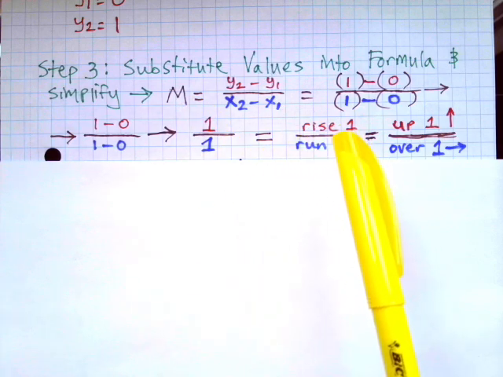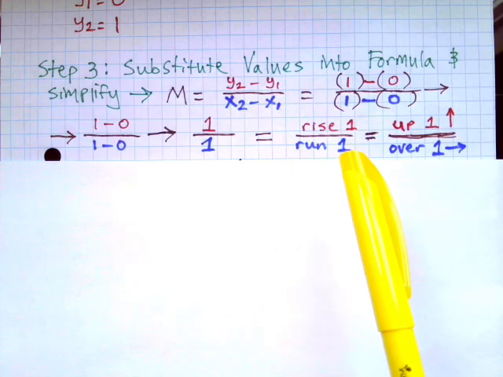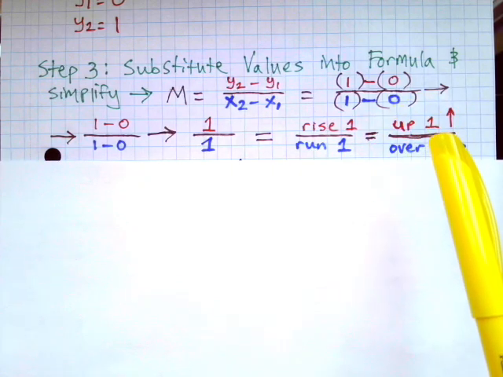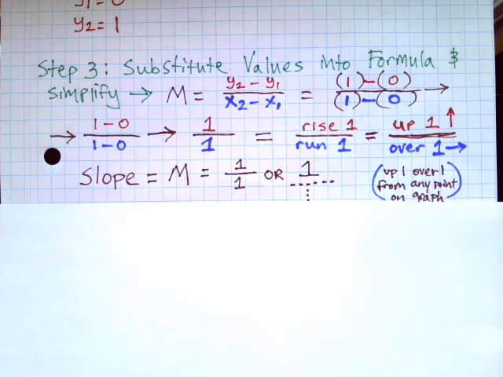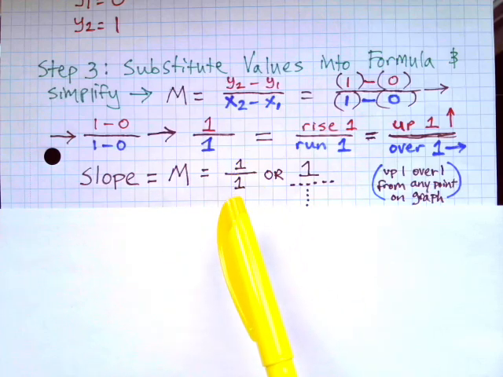So 1 represents the rise. That's a positive up in the y direction. Run represents positive 1 over in the x direction. So up 1 and over 1 is our slope. Using the slope formula, again, your slope is your m value. Here it's 1 over 1.